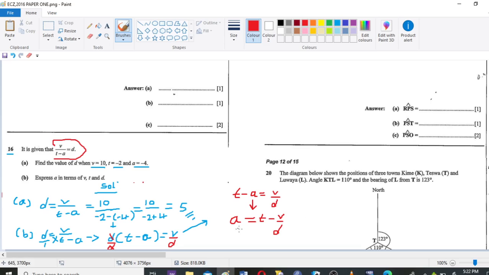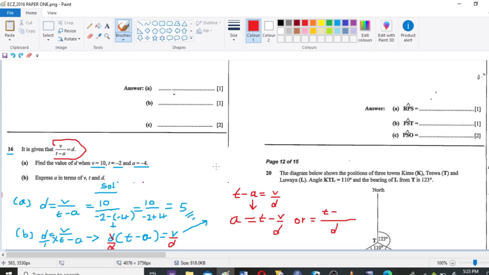All right, so here we have expressed a in terms of t, v, and d. So your answer can be like this, or your answer can be, with d as the common denominator, here you are going to have t, that's t minus v.